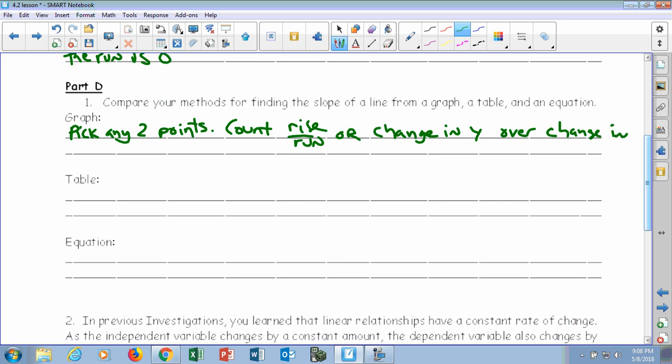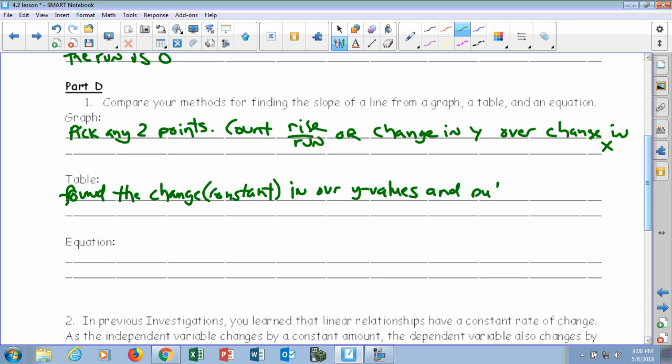In a table, we found the constant change in our y values and put it over our constant change in our x values.